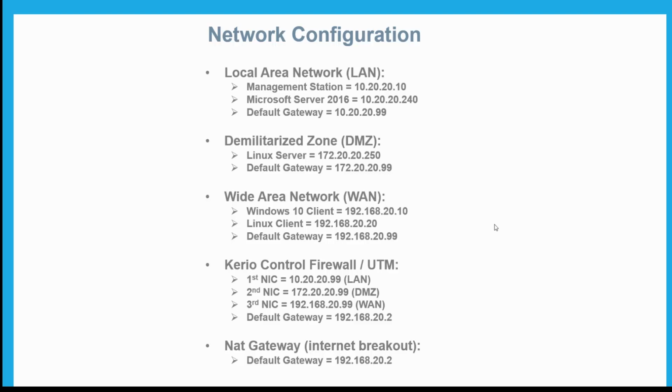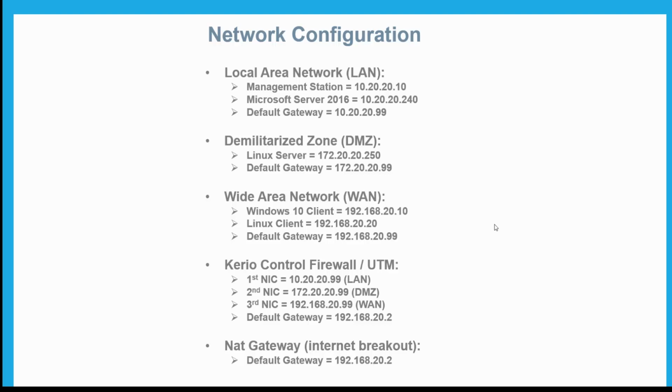And finally, I've got the wide area network with a subnet of 192.168.20.0/24. And within that subnet, I have two hosts. So the first host is a Windows 10 client. So the Windows 10 client will get an IP of 192.168.20.10.